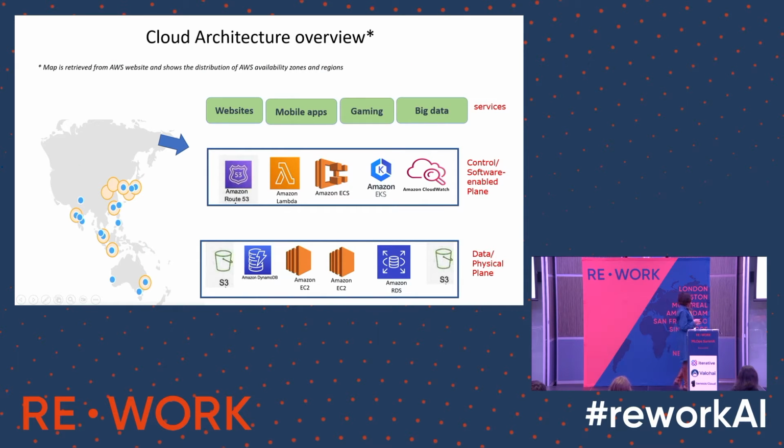Another example of distributed infra is cloud. Here you can see the availability zones and the regions of AWS, which are available publicly.